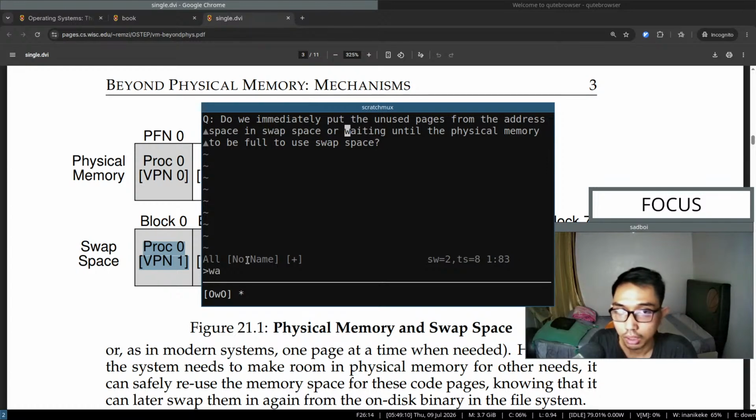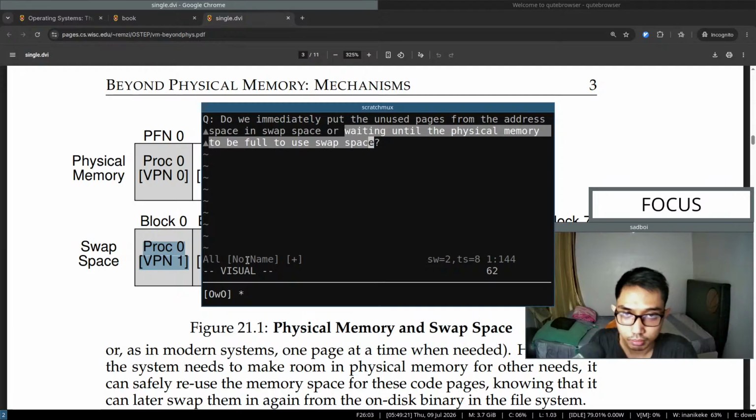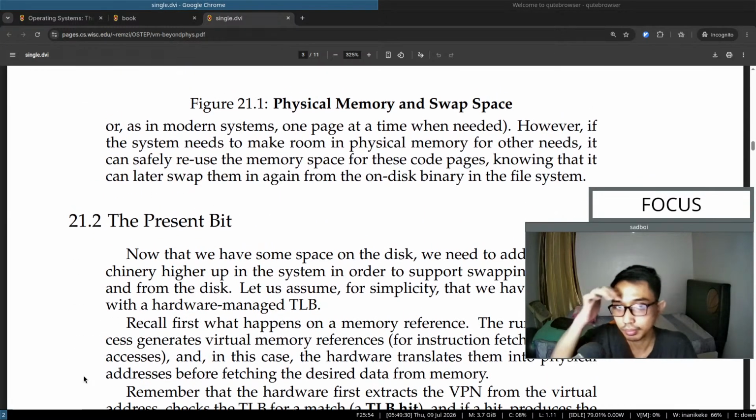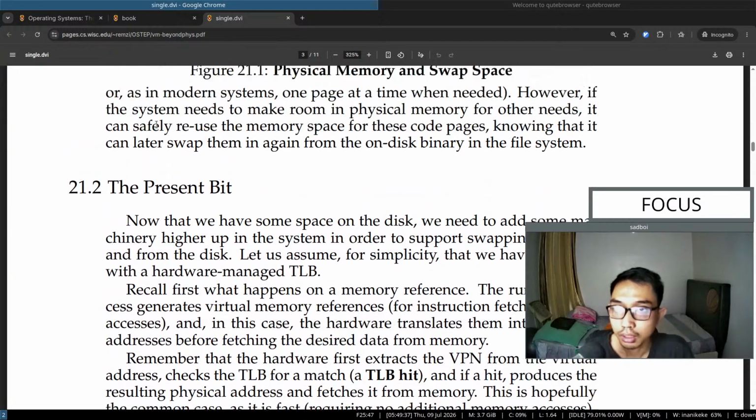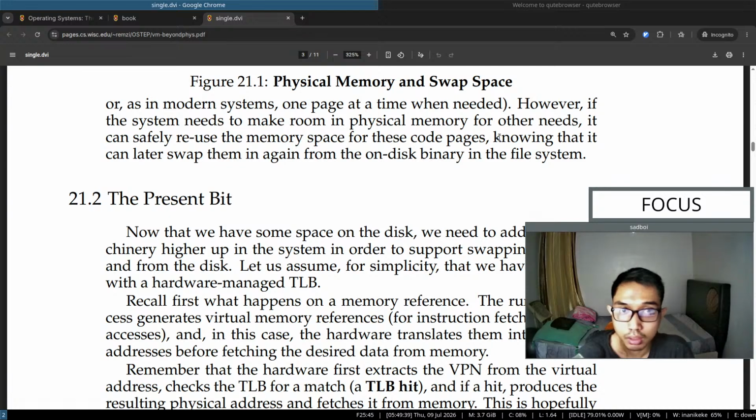I mean, as far as I know, so far we are waiting until the physical memory is full to use the swap space, but I'm not sure if that is always the case. We will see. Okay. Can swap later, okay.